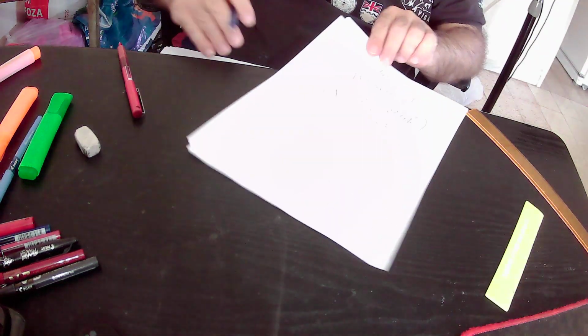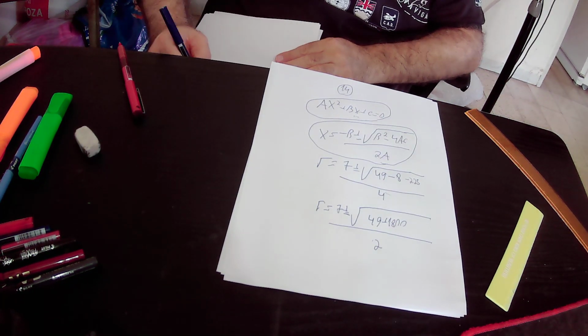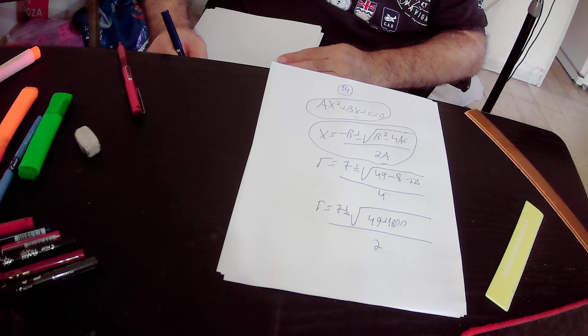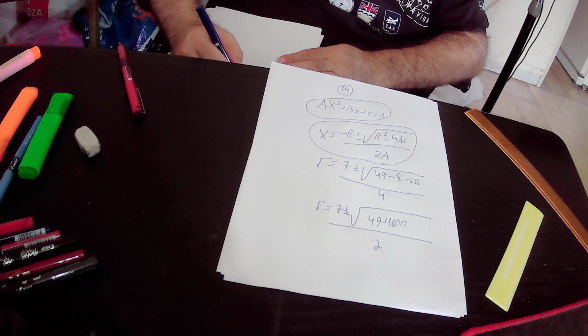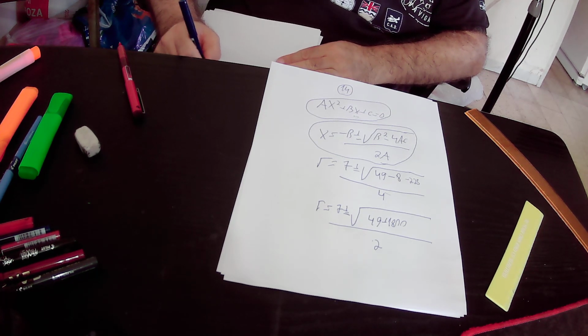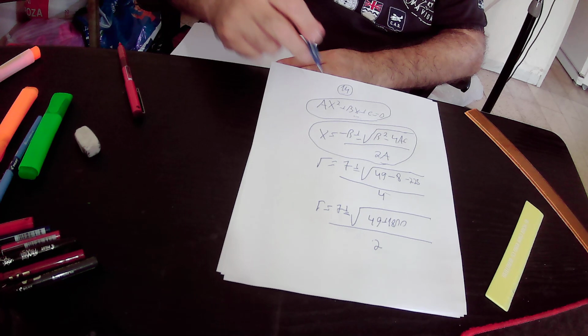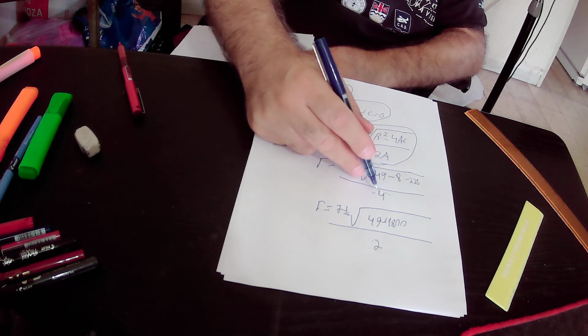So r equals 7 plus minus root of 1849 over 4. Here I made a mistake at first, it is over 4.